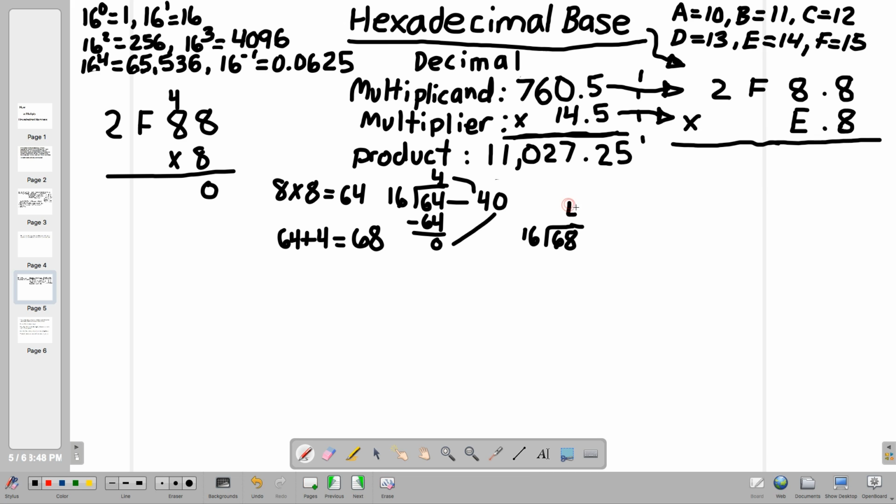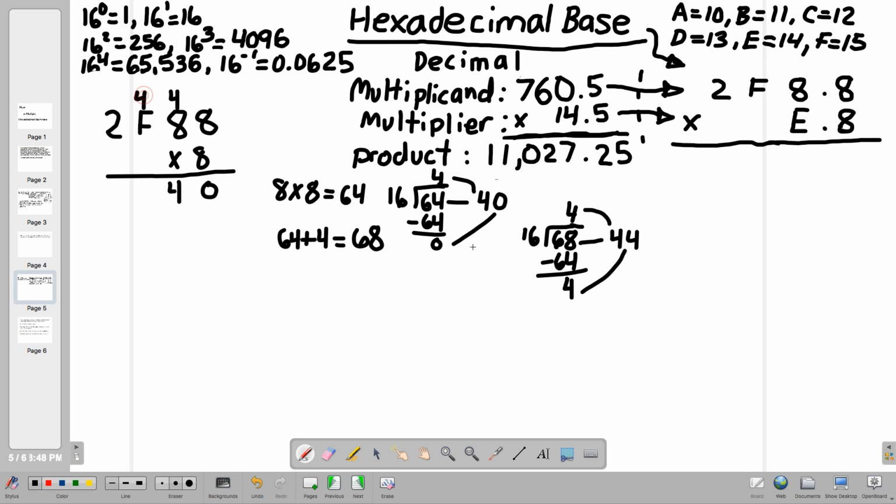It goes in 4 times. 16 times 4 is 64. And when you subtract 64 from 68, you get a remainder of 4. So this is saying that the decimal value 68 is represented in hexadecimal by the value 44. So 4 goes here, and 4 is carried over.